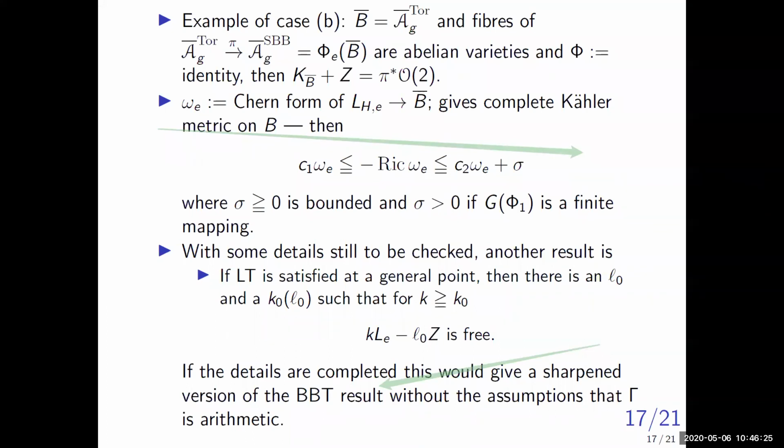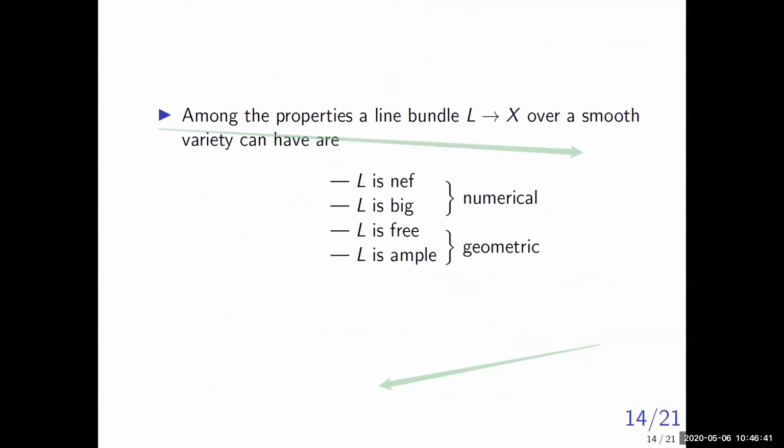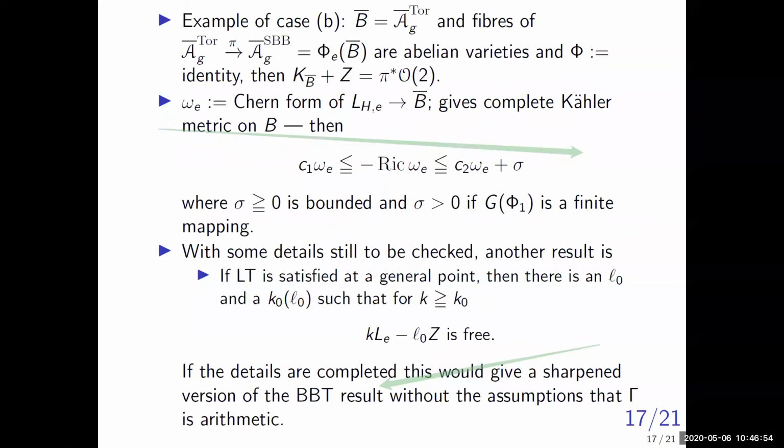Finally, with some details still to be checked, another result is that if this local Torelli assumption is satisfied only at a general point, remember the local Torelli assumption was that this mapping should be injective. Suppose it's just injective at a point.